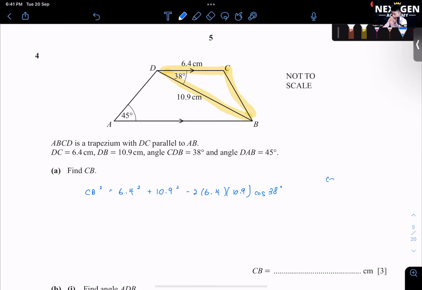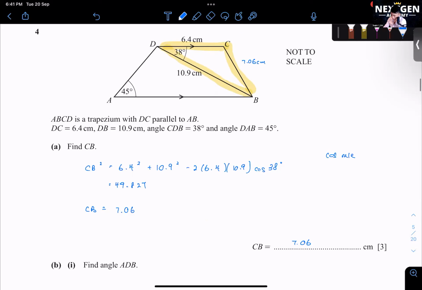Using your cos rule, which is 49.827. CB will be square root of this. You get 7.06 cm. Question B. So you just label here 7.06 cm.